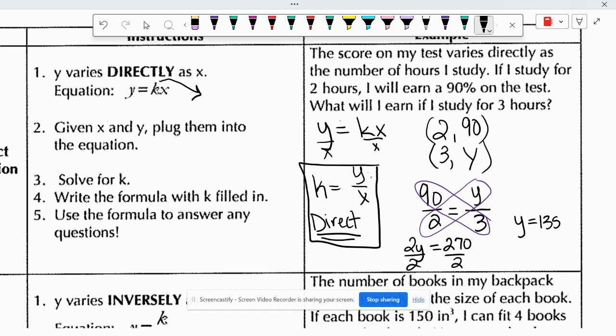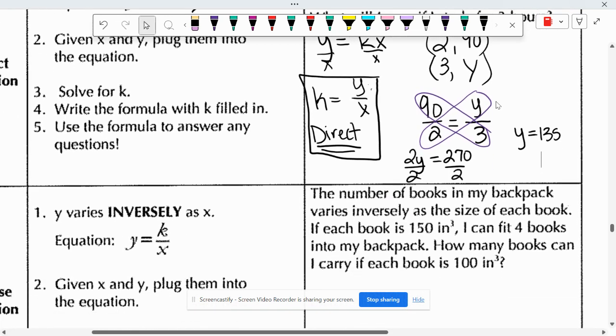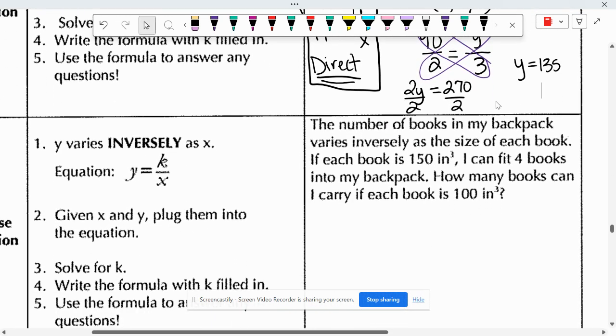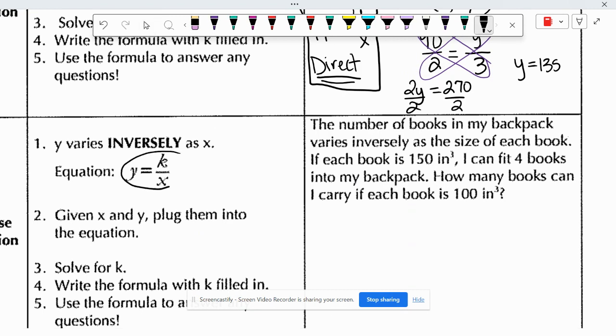Let's look at an example of varies inversely, inverse variation. This means as one variable increases, the other variable decreases. Charlie, are you with us or what? Yeah? Okay. So I want you to look at the equation that represents inverse variation, and I just want you to solve for k. Let's get k all by itself.